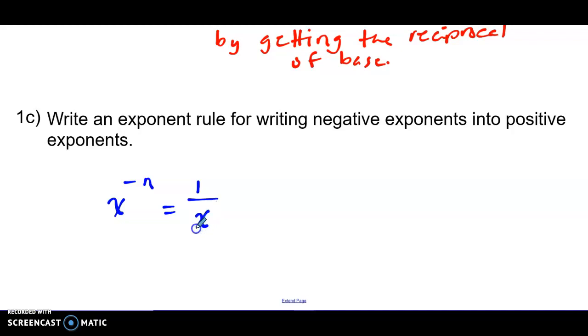Remember, keep the base, make the exponent positive. Or another rule we're going to look at is what if the negative exponent is already in the denominator? Well, when I flip over 1 over x, I'm going to get positive x, and my exponent goes positive n. We're going to look at these two relationships in some examples in this section.